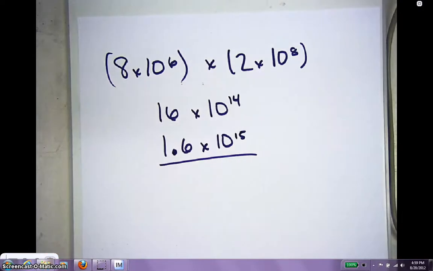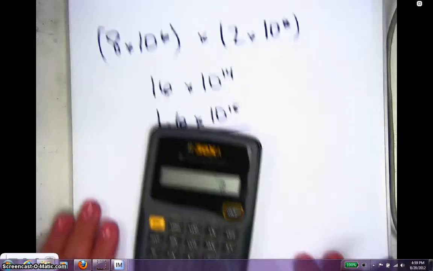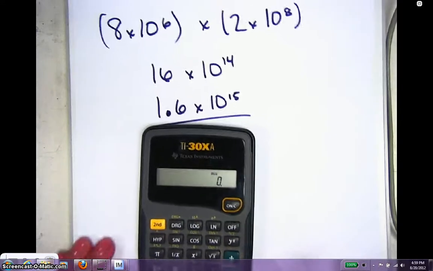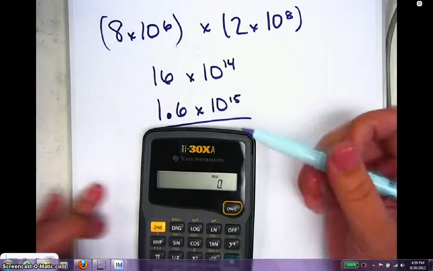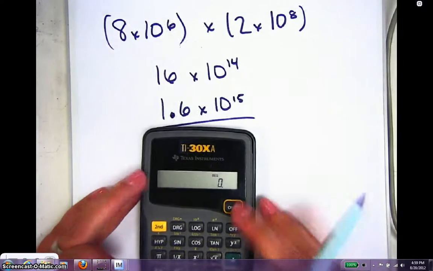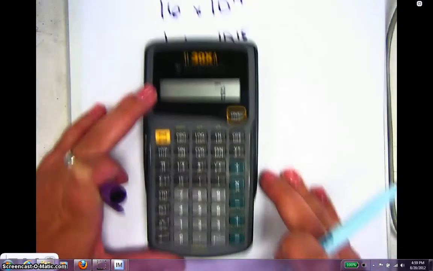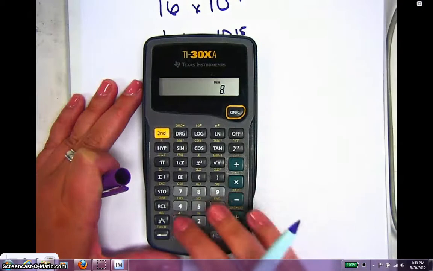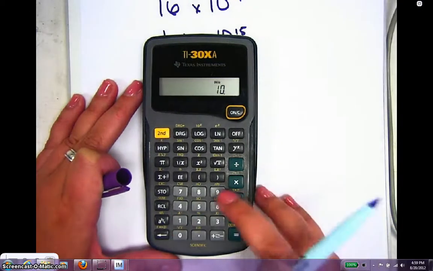But let me show you how to punch this into a calculator, okay? Now, there's a special button on the calculator that makes this really easy. Now, if you were going to punch it in, a lot of kids want to do this. They would do 8 times, and then they want to do 10 exponent 6, okay?